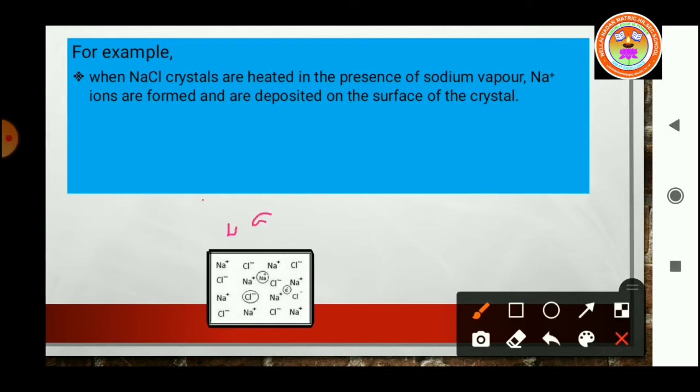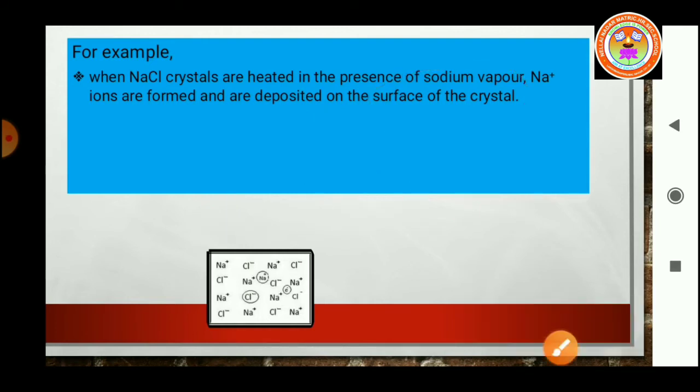If it is heated in the presence of sodium vapor, this Na is converted into Na plus and electrons. So Na plus ions are formed and deposited on the surface of the crystal. Where is this Na plus ion deposited? On the surface of the crystal. The first point is clear.